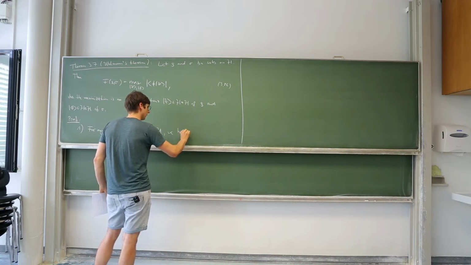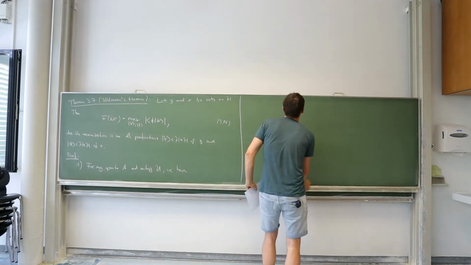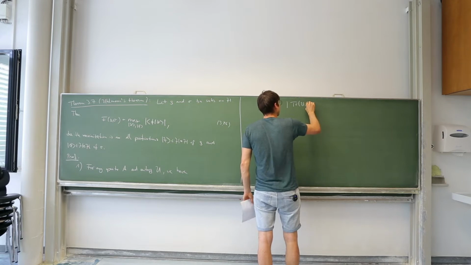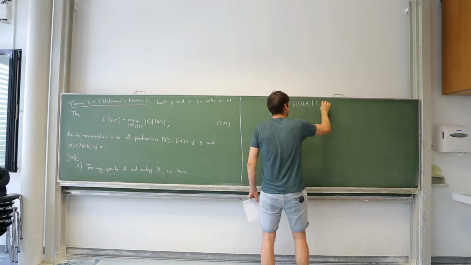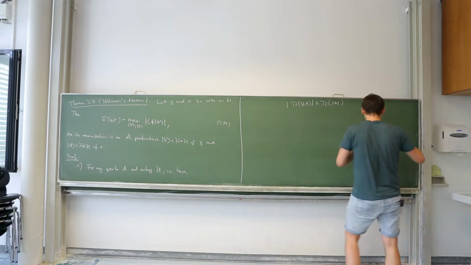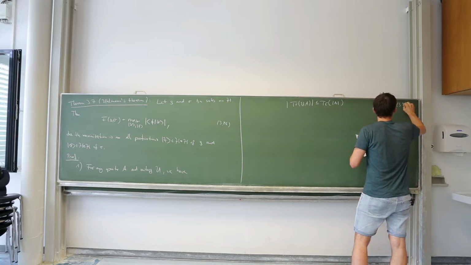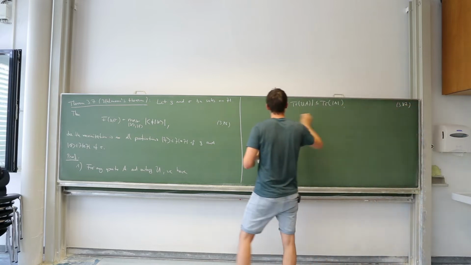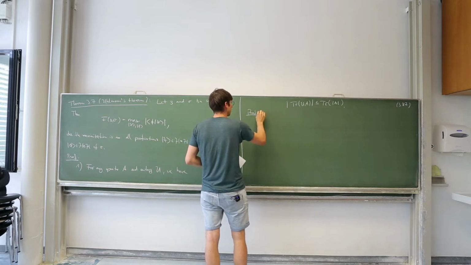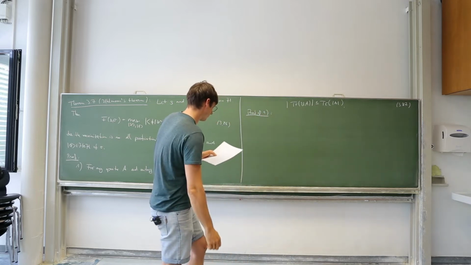We have that the modulus of the trace of UA is smaller or equal to the trace of the modulus of A. So this is 3.87. Okay, we're going to prove this now. Proof of 1. And the proof is as follows.